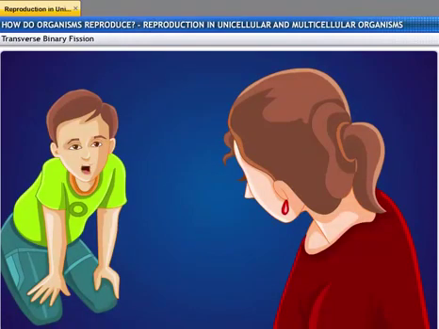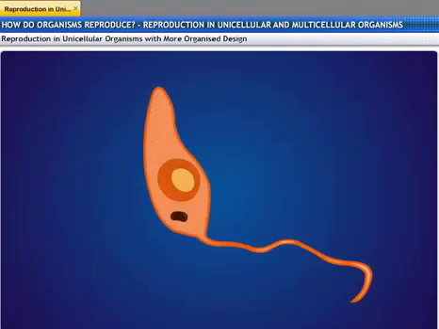Oh, so do all unicellular organisms reproduce like that? Not really. Let's look at a unicellular organism that has a more organized body design. For example, the leishmania.